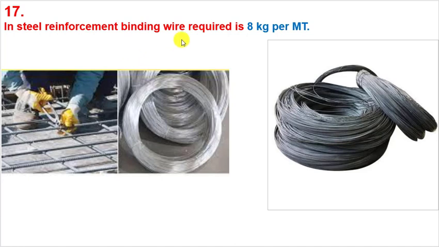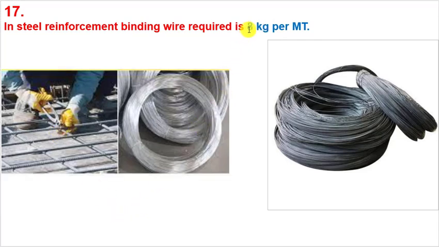To bind 1 metric ton of steel reinforcement, you need 8 kg of binding wire. With 8 kg of binding wire, you can bind up to 1 metric ton of steel reinforcement.